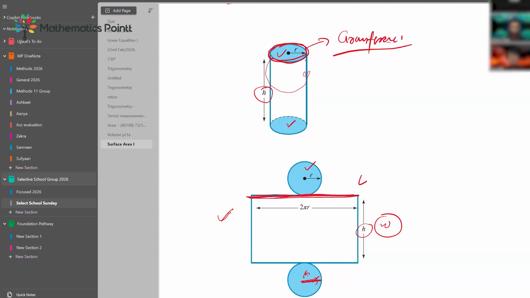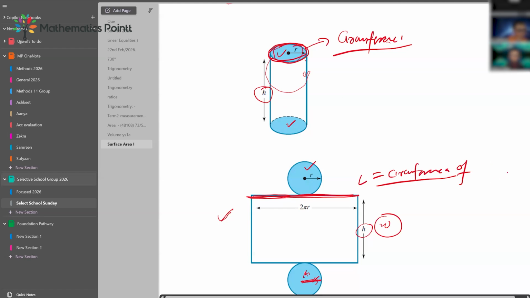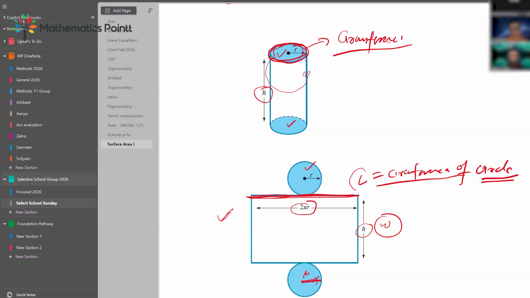So, for a cylinder, the length of this rectangular sheet is nothing but the circumference of the circle, which is either top or bottom. And what is the circumference of the circle? 2 pi r. And therefore, the length of the rectangle is the circumference of the circular face.